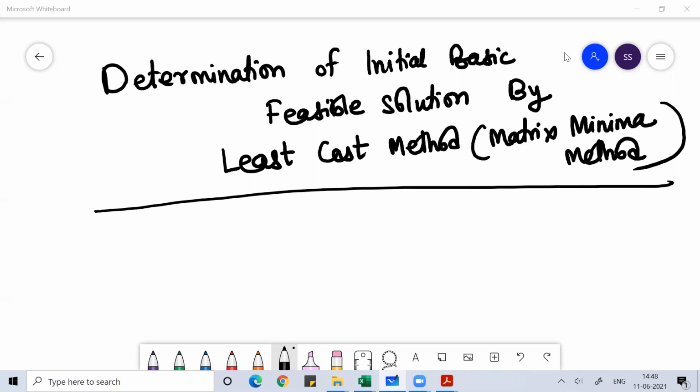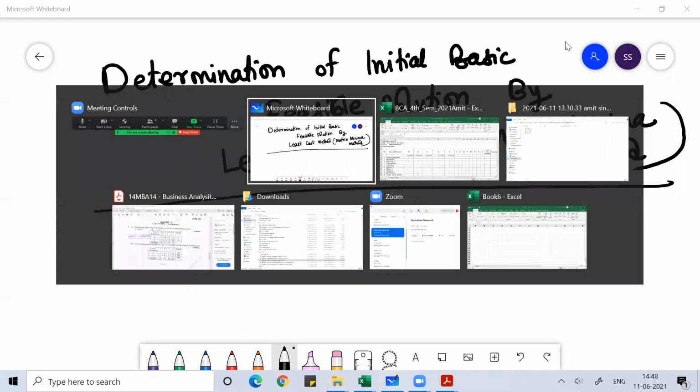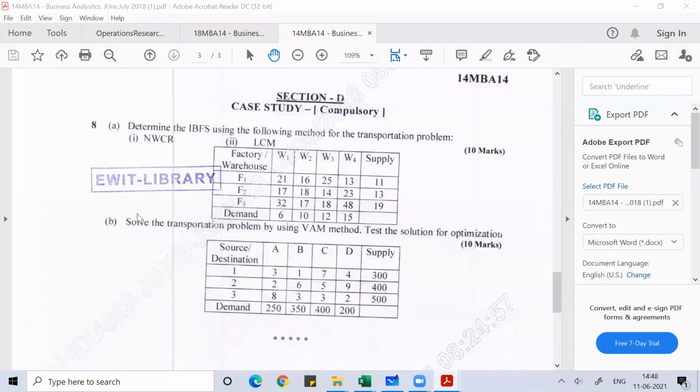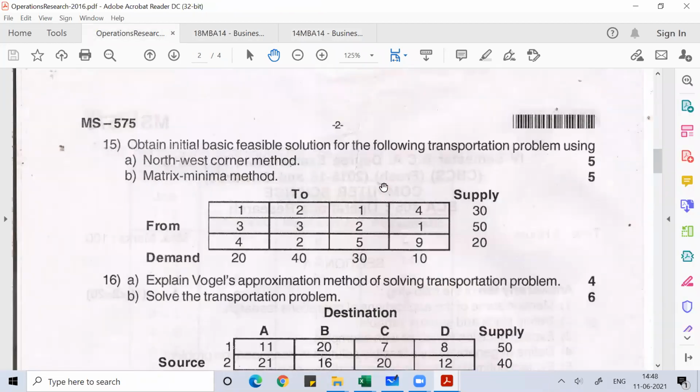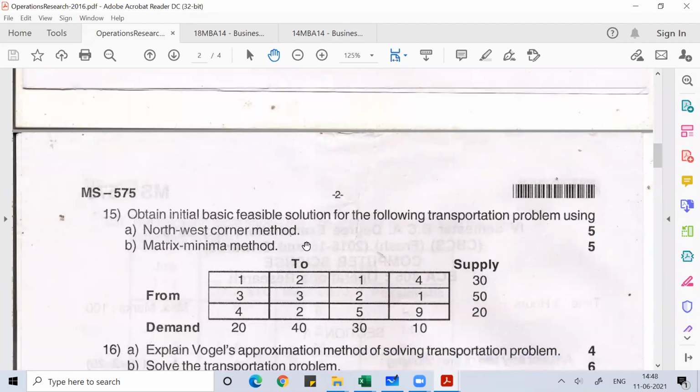I believe you are clear with last class problems. In case of any doubt, please ask me. Now, in today's class, we'll do this problem. The first part of this question we already did yesterday when I was discussing the northwest corner method.